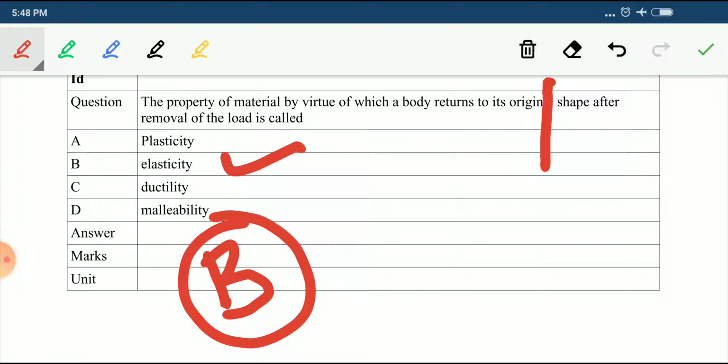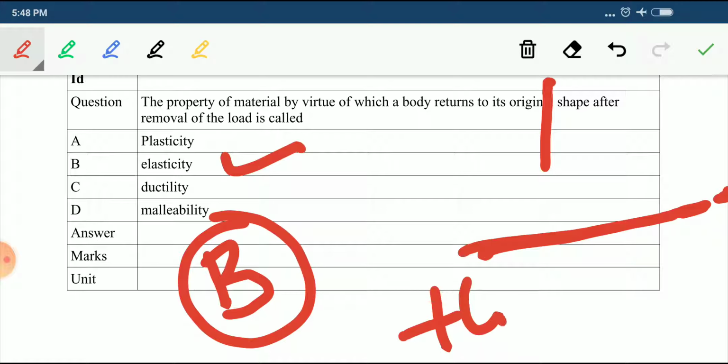After removal of the load, the material will not regain its original shape, then that is called plastic material. Ductile means after application of the load, it will deform, meaning cross sectional area will reduce. That is called ductile. Malleability means if you apply a force on the material, it will convert into a thin sheet. Then that type of material is called malleable material. A good example for malleability is gold.